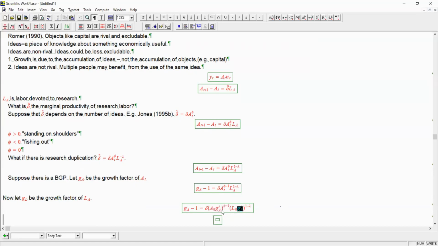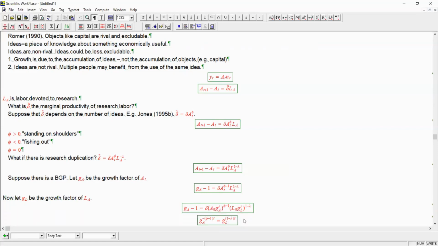And that means that this must equal the opposite of this. So one of these needs a minus. I'm just going to put it here.